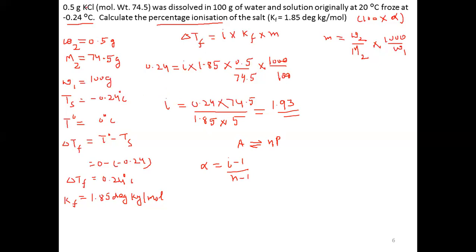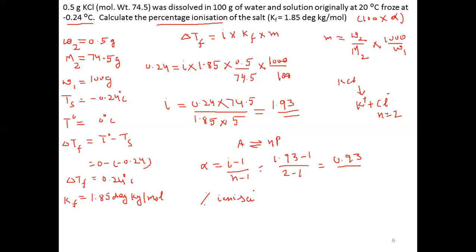And in this case, as it is KCl, KCl dissociates to K positive plus Cl negative. How many ions? 2 ions. So n is 2. So we have alpha is i is 1.93 minus 1 divided by n is 2 minus 1. So it is 0.93. This is alpha. We have to calculate percentage ionization.